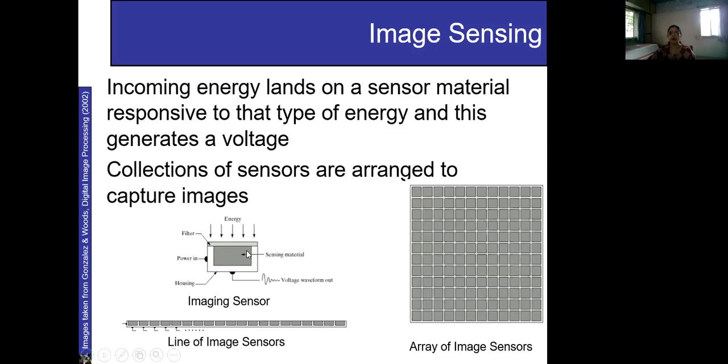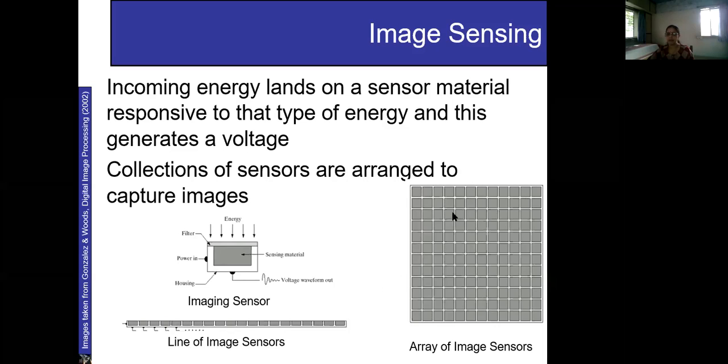Okay, but when we want to capture an image of an entire object, this single sensor is not very useful. So usually we have these sensors as a collection of sensors. As shown here, we can have an array of image sensors which can capture the image of the given object in a single scan. Or we can also have a line of image sensors, and these are known as strip sensors.